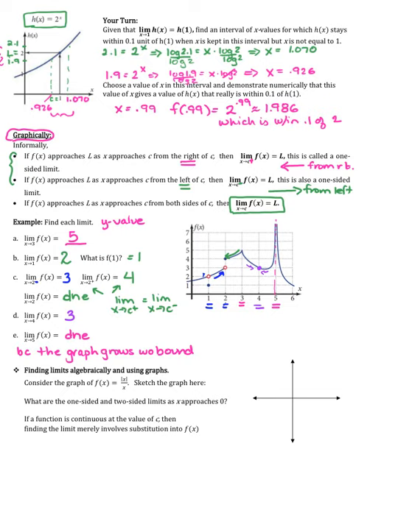Now, sometimes, let's say you're taking a multiple choice test. It may not have an answer of does not exist. It might give you the answer of positive infinity, which says that is the behavior of the graph. The graph is approaching positive infinity from both sides. You will never have a multiple choice where you have to only choose one answer that would have both does not exist and positive infinity, because they're both correct.